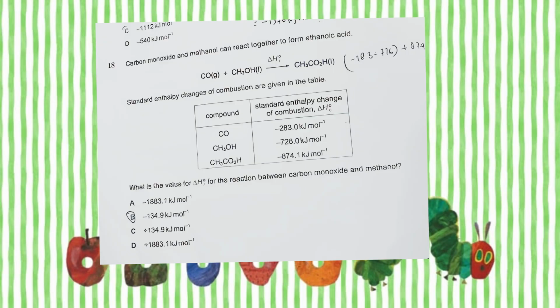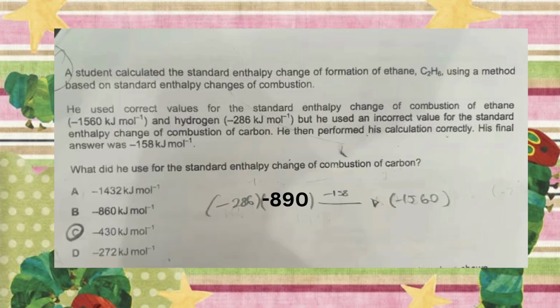So we just make a cycle, then we can find that the answer is minus 130 minus 0.9, because we just input the numbers into the equation, then we can find the enthalpy of reaction. So we continue to the next question.